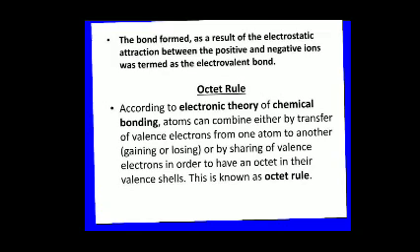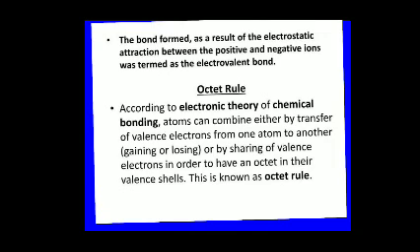Atoms of other elements tend to attain 8 electrons in their valency orbit to get stability. This tendency is responsible for bond formation. According to the electronic theory of valency, in chemical bonding atoms can combine either by transfer of electrons from one atom to another atom or by sharing of valency electrons in order to have an octet in their valency cell.